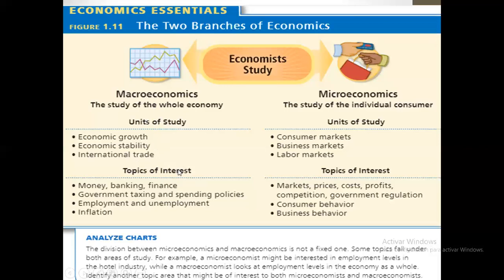Topics of interest in macroeconomics: money, banking, finance, government taxes, impuestos gubernamentales, and spending policy, política de gastos. Employment and unemployment, desempleo y empleo, la inflación, and inflation. All of these are topics of interest in macroeconomics.